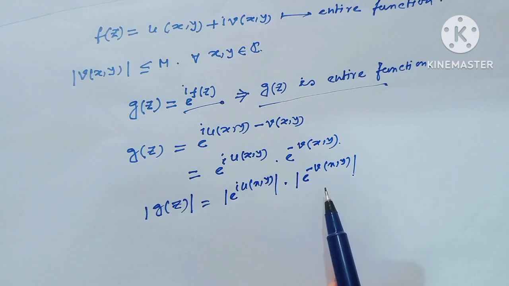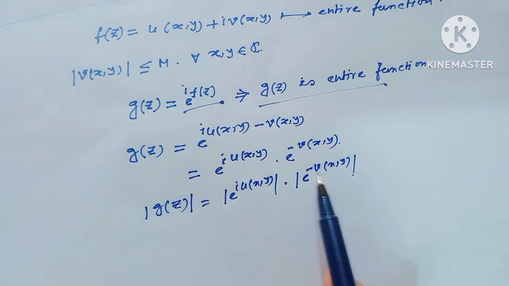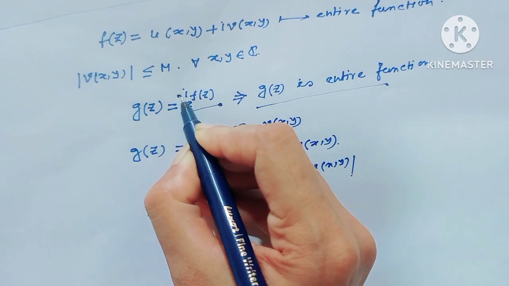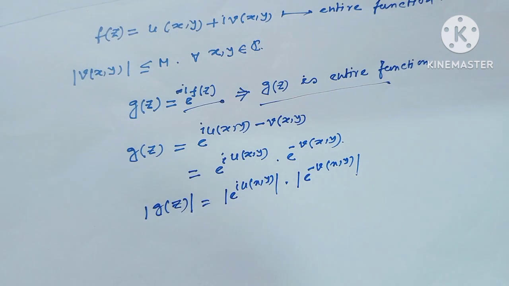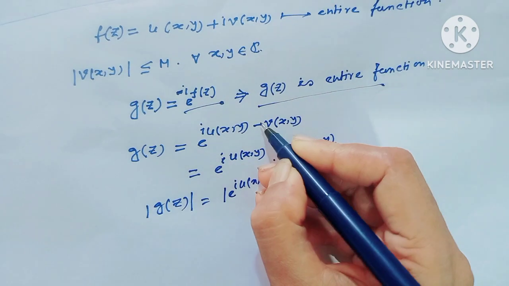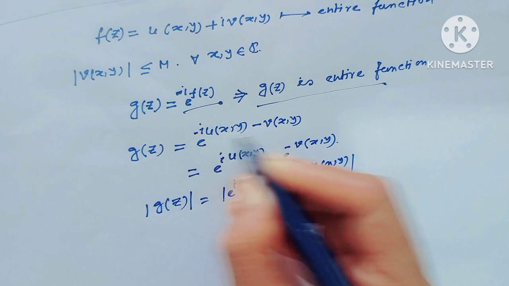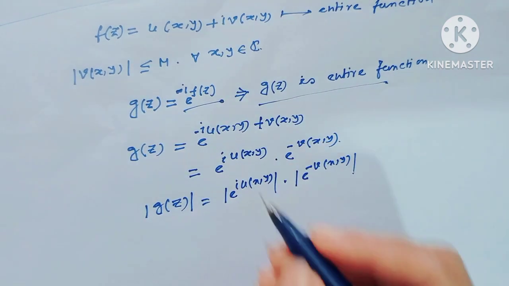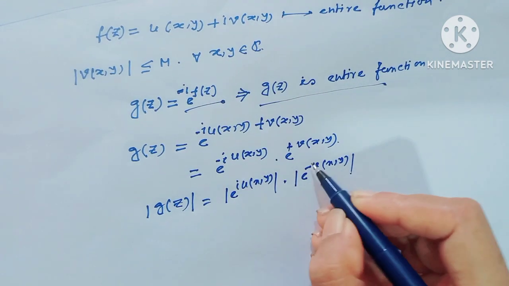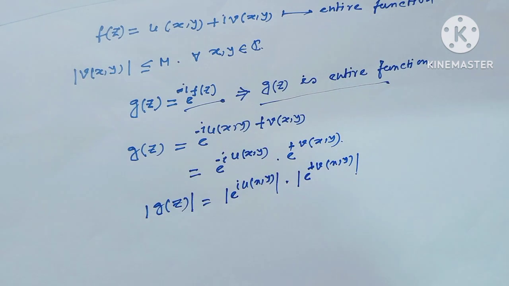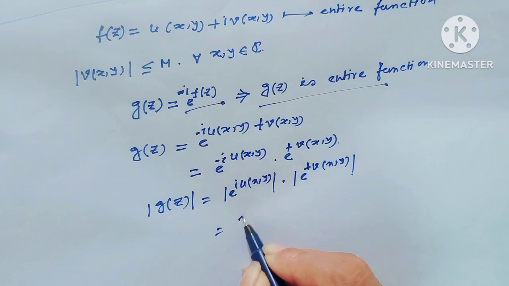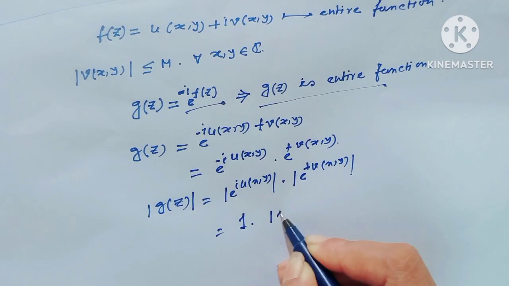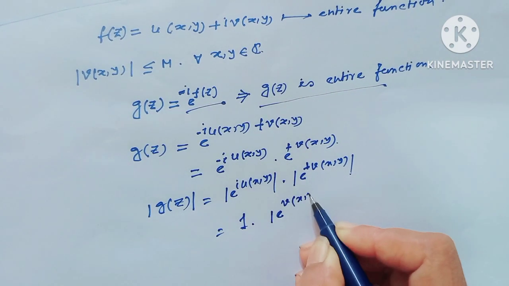But here are the difficulties. For these difficulties, if you consider e to the power minus i f(z), then for short calculation this would be e to the power minus i u(x,y) plus v(x,y), and here it would be plus v(x,y). And this value is equal to 1 times e to the power v(x,y).